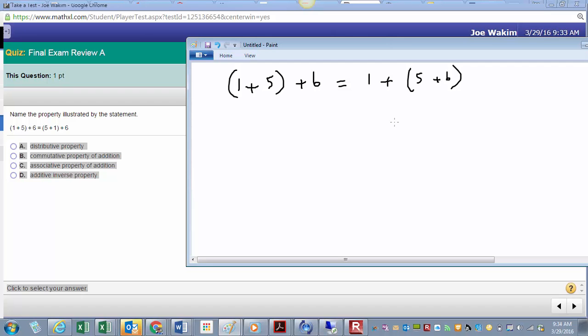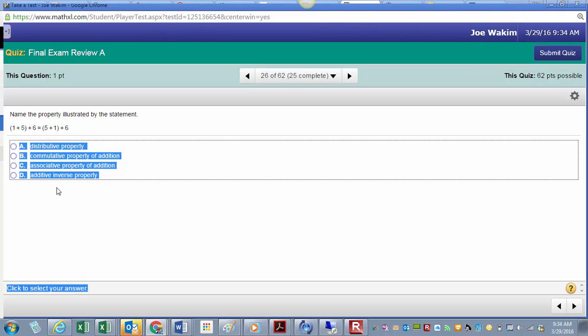The case here is 1 plus 5 plus 6 and 5 plus 1 plus 6. See, we changed the order. 1 plus 5 is 5 plus 1. So this is commutative property for addition. Commutative property of addition. So that would be B. B is the answer.